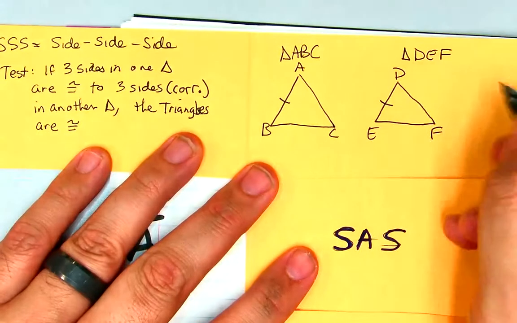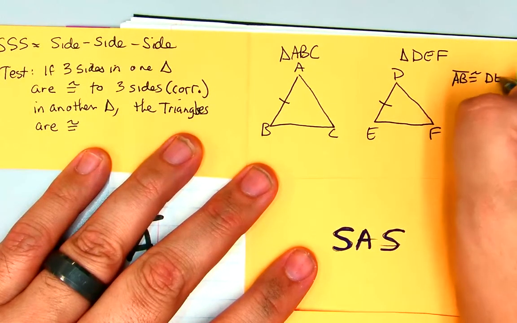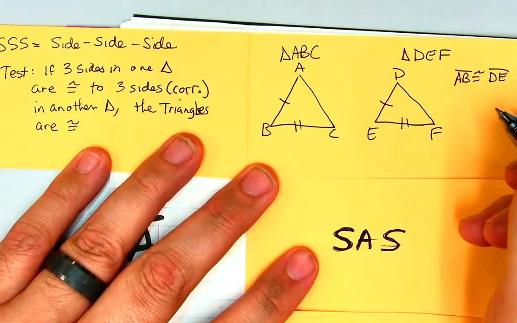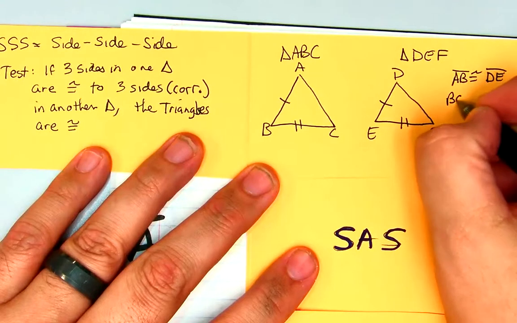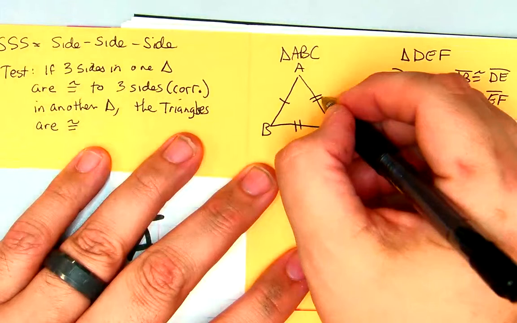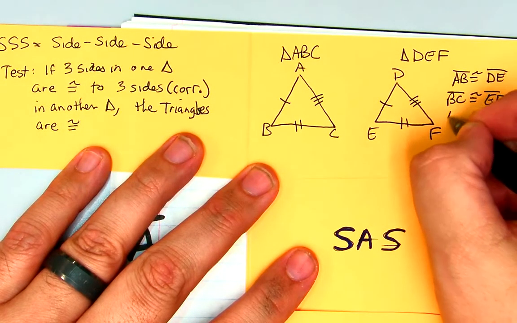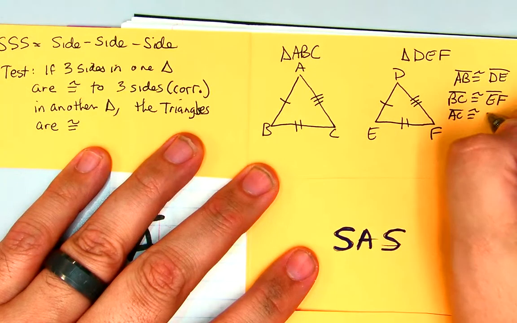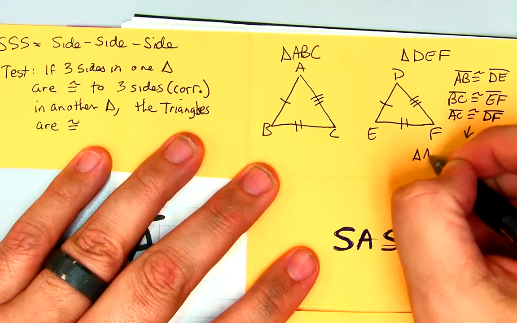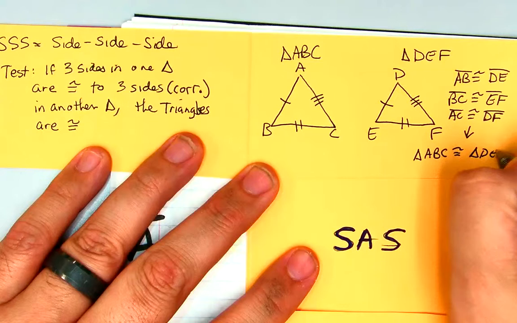If I know that, in this case, AB is congruent to DE, and BC is congruent to segment EF, and segment AC is congruent to segment DF, that tells me that triangle ABC is congruent to triangle DEF.